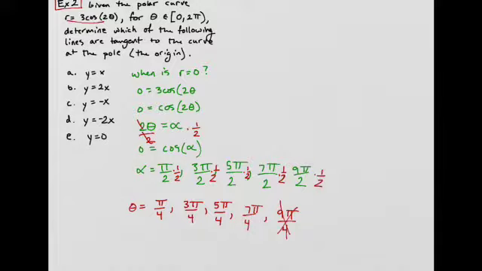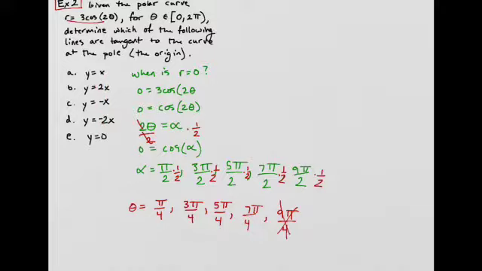Now we need to figure out what the slope of this thing is at these theta values, because once we find the slope at those theta values, that'll tell us the slope of our polar curve. And then here, the slope is 1, so we can just compare it. Slope is 2, slope is -1, -2, and 0. So that's what we're going to do.